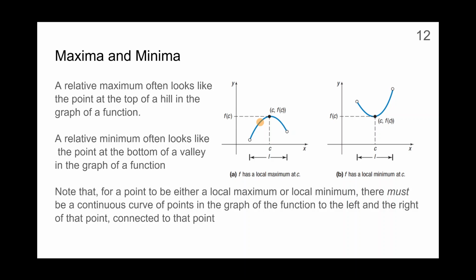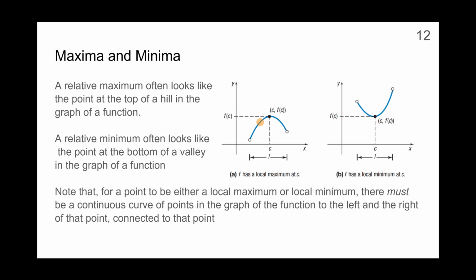Or with a local minimum, maybe there are other points on that function that have a smaller y value, but nonetheless, as long as it is the smallest or the highest point compared to the other points that are near it, then that could be a local maximum or a local minimum.